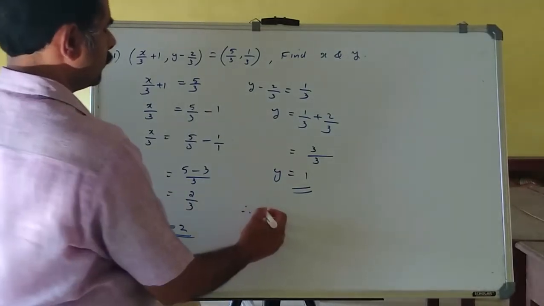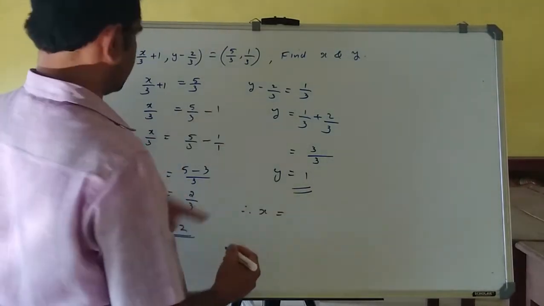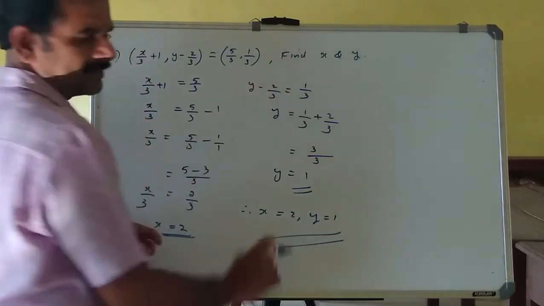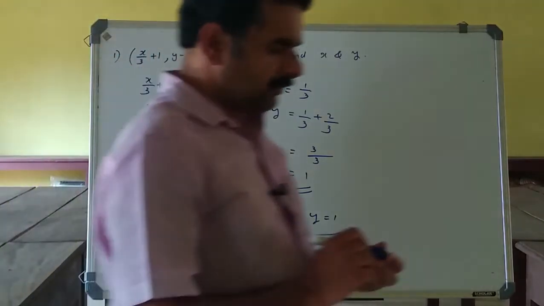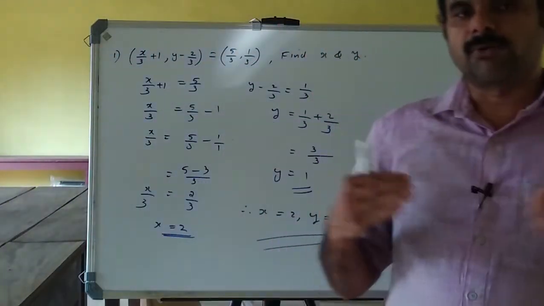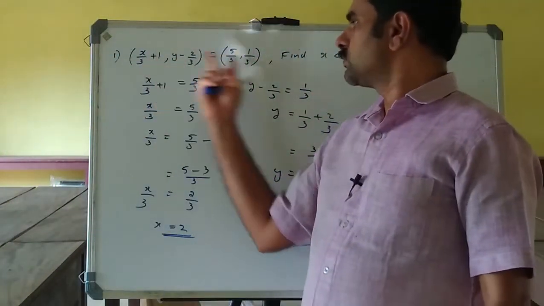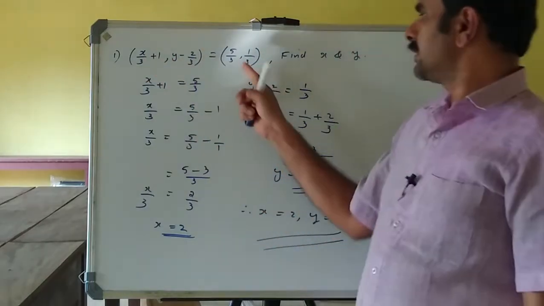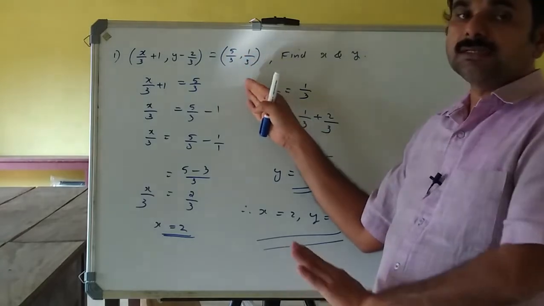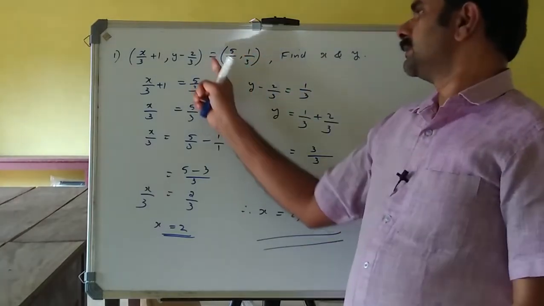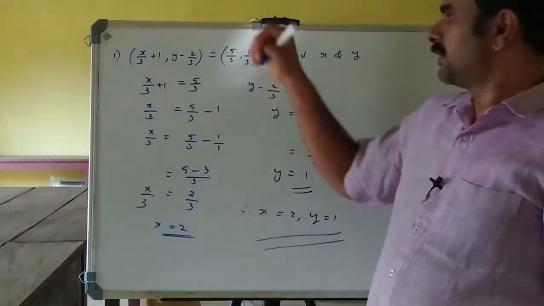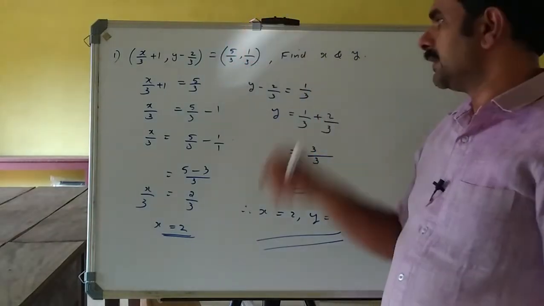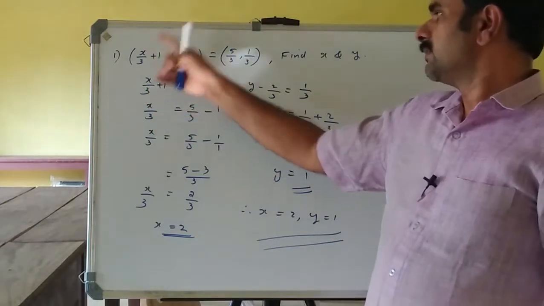Therefore, the values are x equal to 2, y equal to 1. This is the answer. Very simple, isn't it? So you can equate two points. If these two are equal, the x coordinate of the first point and the corresponding x coordinate of the second point will be equal. Similarly, the y coordinates of the first point and the second point will also be equal. Therefore, you can find the values of x and y.